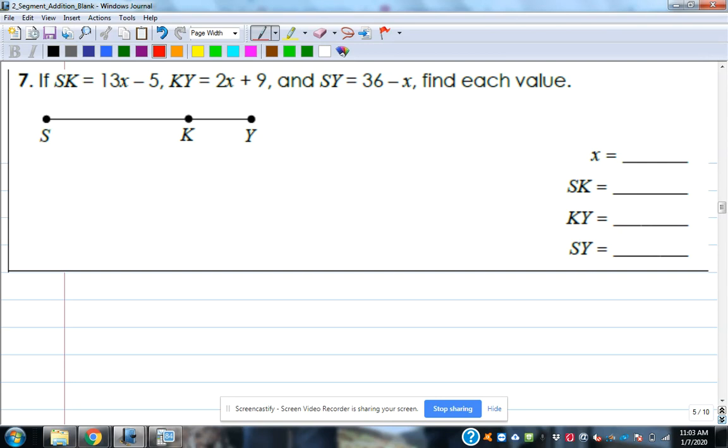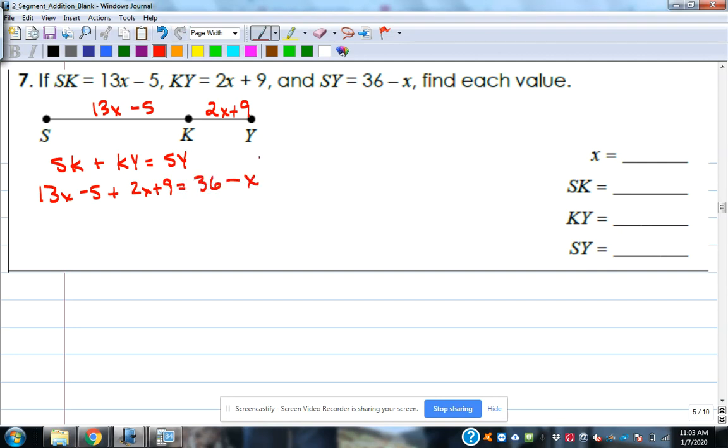So my simple mind wants to do this. And then set it up, SK plus KY equals SY. And then solve it from there.